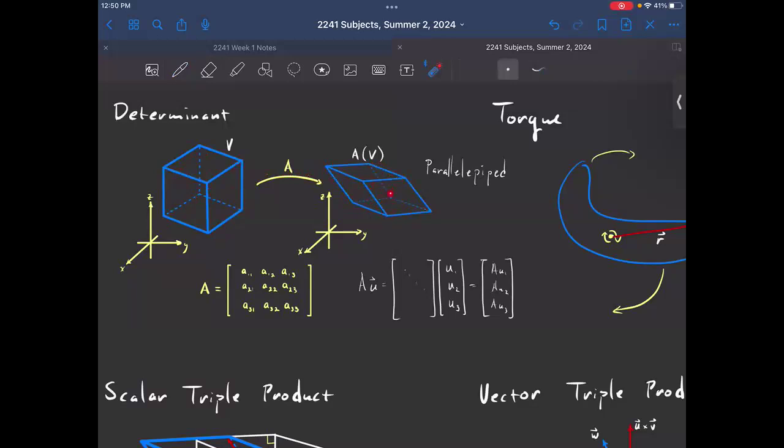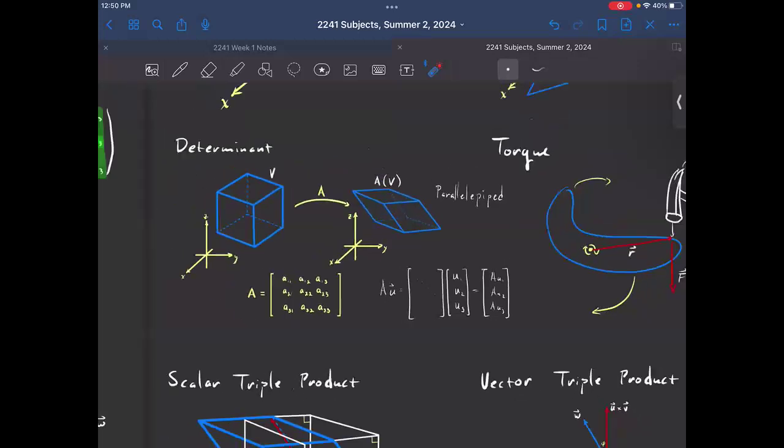And that volume is the determinant. Another way to think of this when this is not a unit cube is that the determinant is the ratio of volumes between the new shape and the old shape. Okay, so that's what the determinant does.